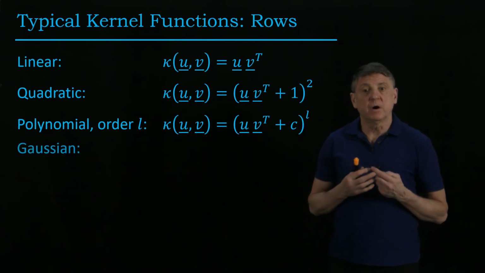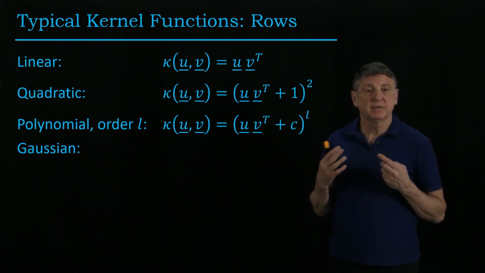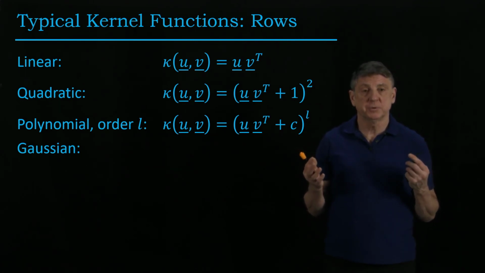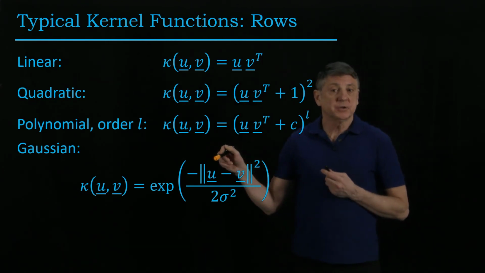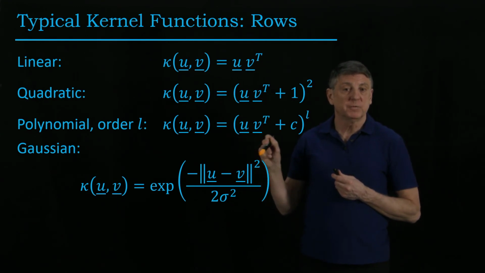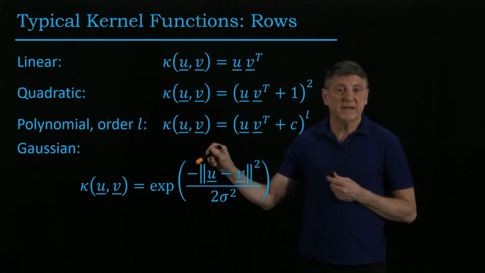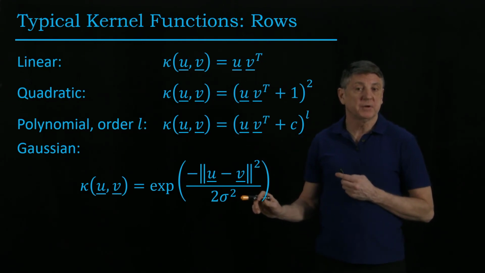Another kernel that we often see used is called a Gaussian kernel, and this is a generalization of the normal distribution that you may be familiar with from statistics. The Gaussian kernel is computed by, we take the difference between the observations, we find the squared norm, we negate it, and then we divide it by 2 times a hyperparameter sigma squared.